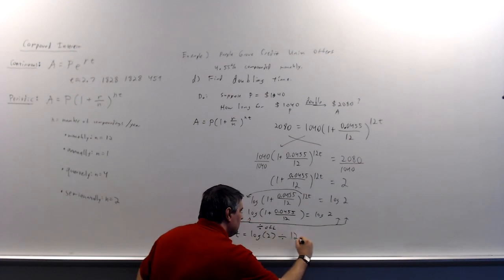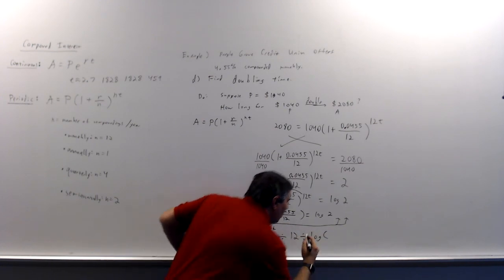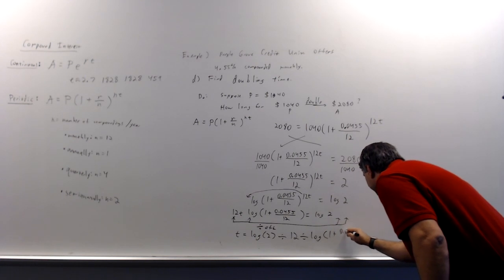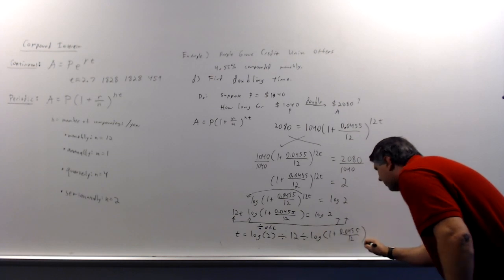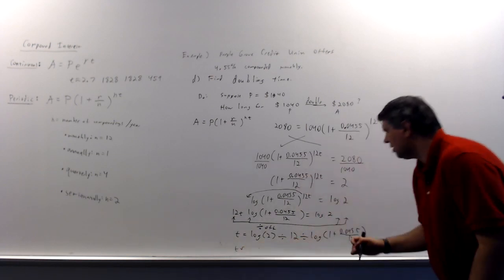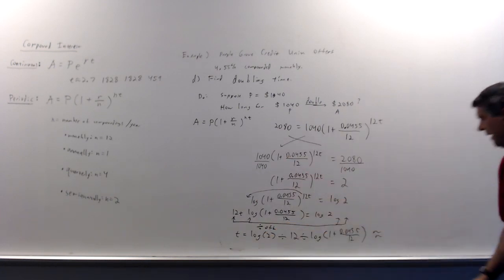divided by the common log of 1 plus 0.0455 over 12, balance the parenthesis. You know what? I could just go ahead and do that right there.